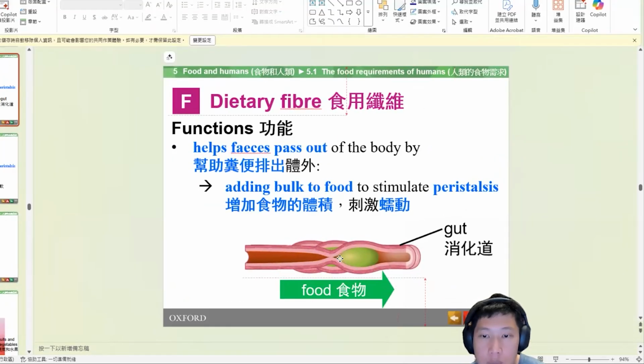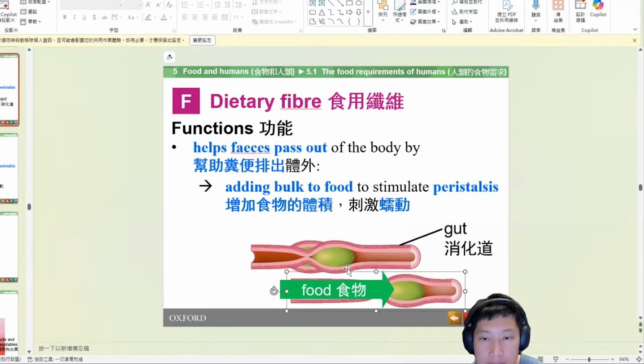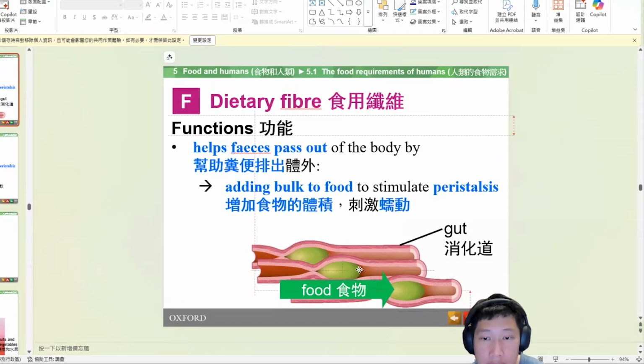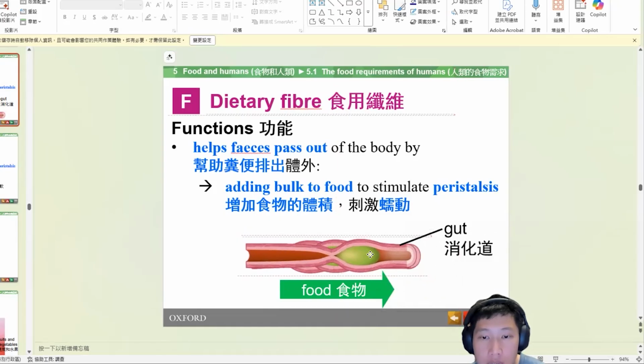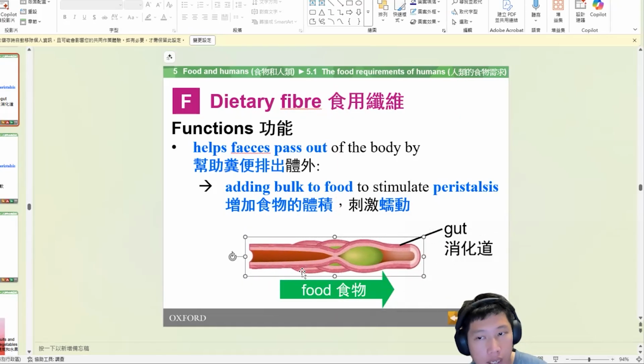Once the food wants to move, in this case, we need the contraction and also the relaxation of the muscle. So in this case, the food will later on squeeze towards the front. Then we will say that this movement we call the peristalsis. So the dietary fiber helps to stimulate the peristalsis.